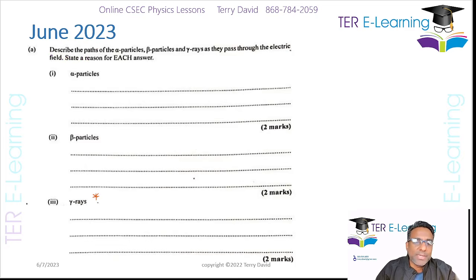Gamma rays are undeviated as they pass through the electric field.